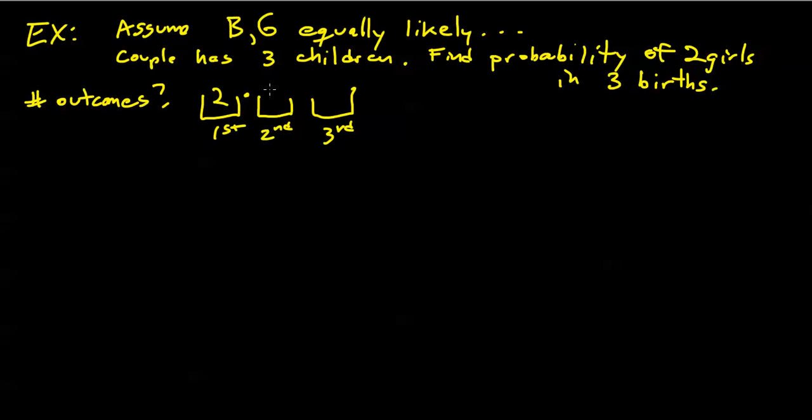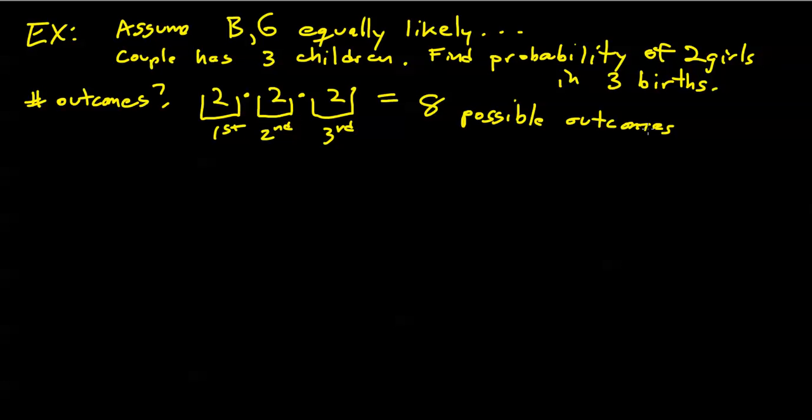They can each have one of 2 possible genders in each slot. And if I multiply these across, I get 2 times 2 times 2 equals 8 possible outcomes. Not 6, not 9, 8 possible outcomes gender-wise in 3 births, allowing any child to be of any gender and in any order.